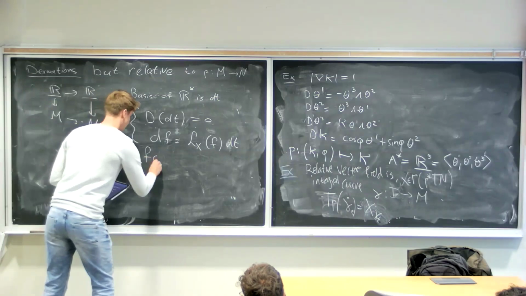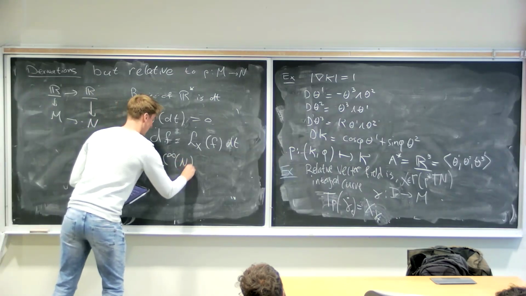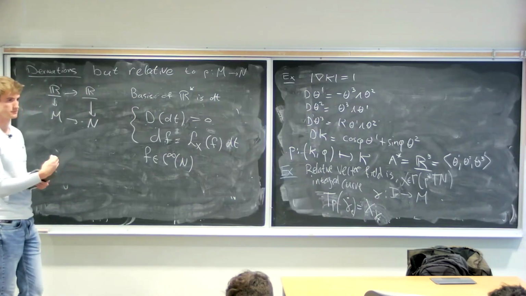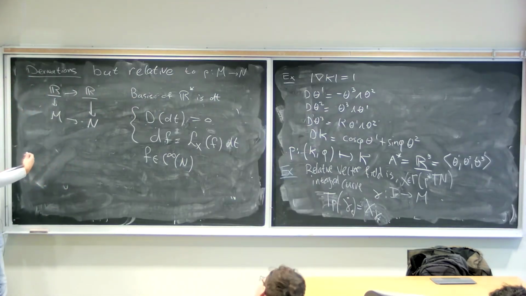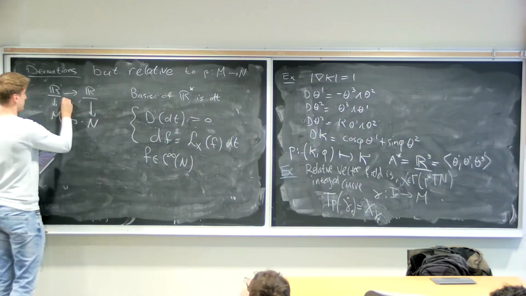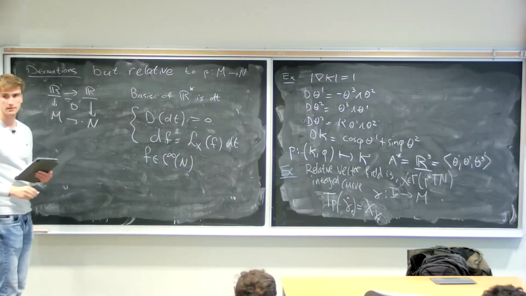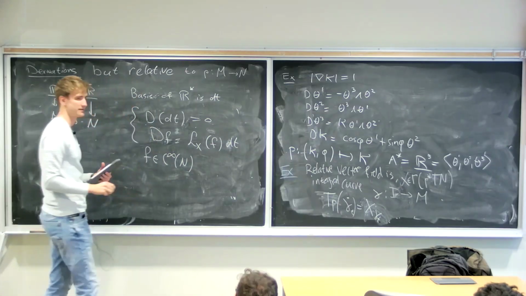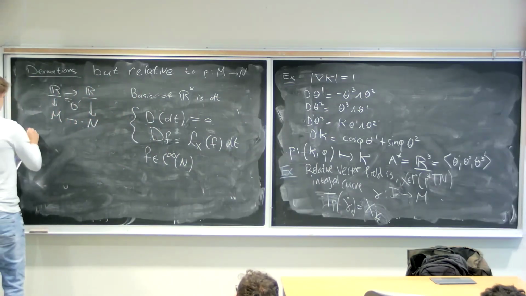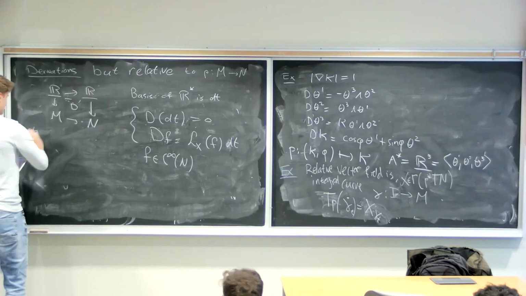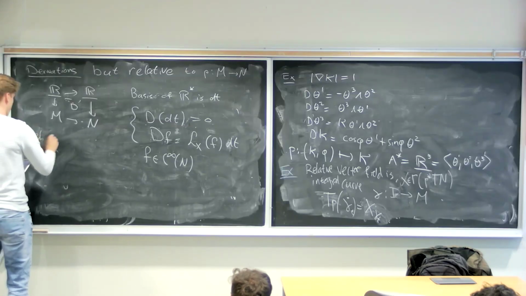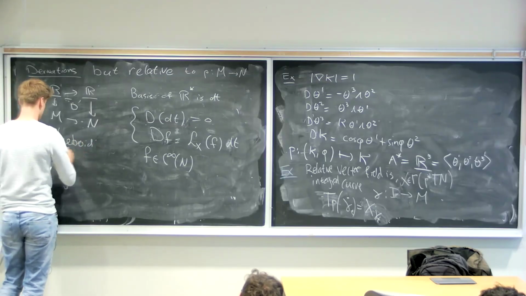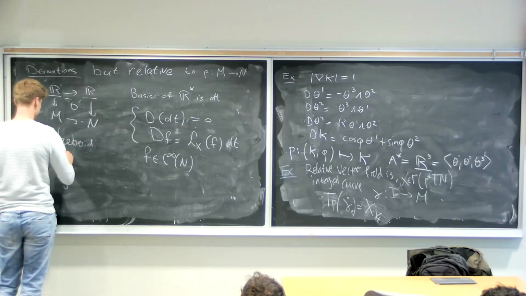F is a function of N. The derivation is capital D. Oh, sorry, yeah, it's capital D f. And this is the algebroid, the relative algebroid of a relative vector field.